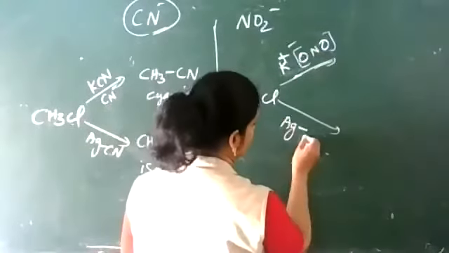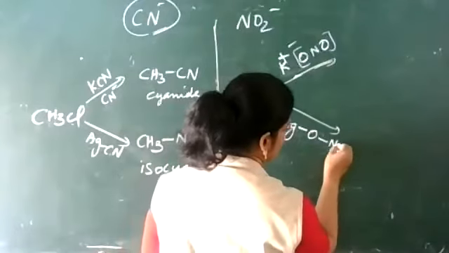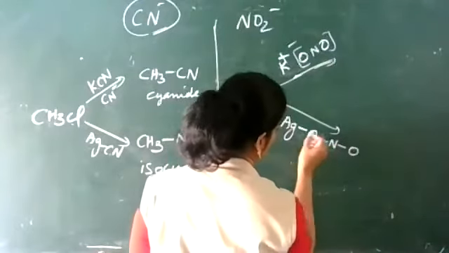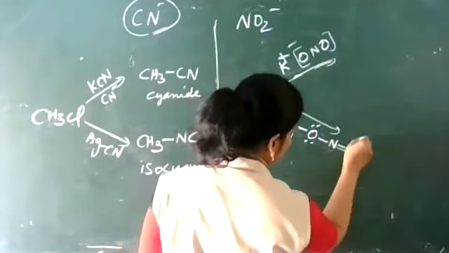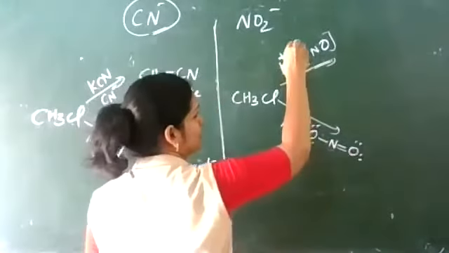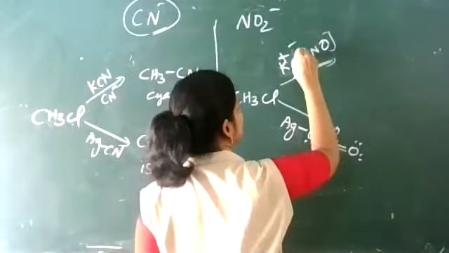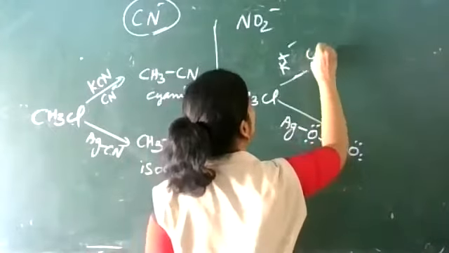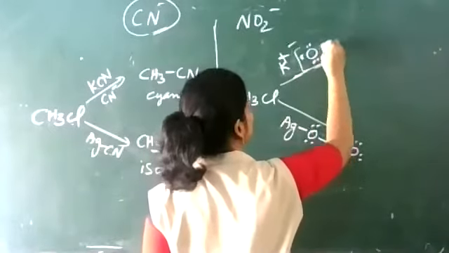Here, Ag, that is O N, then O. This one is O minus, electron here, electron here.